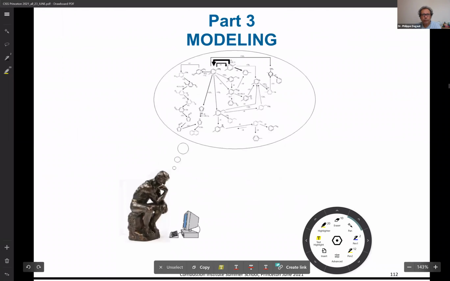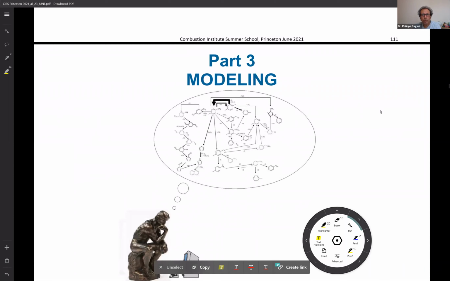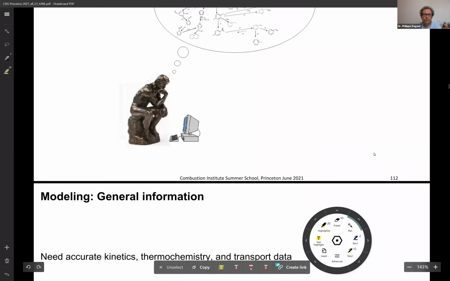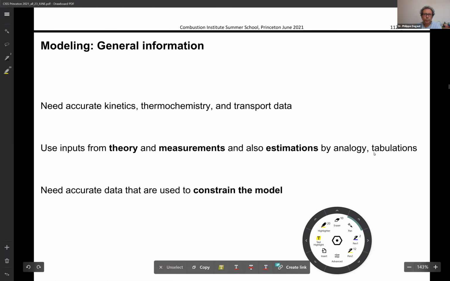So now we will look at the modeling aspect of combustion chemistry. To perform chemical kinetic modeling, we need accurate kinetics, accurate thermochemistry, and transport data.